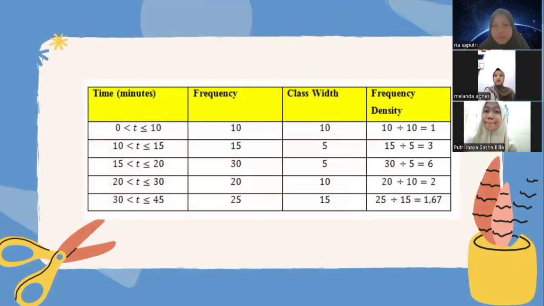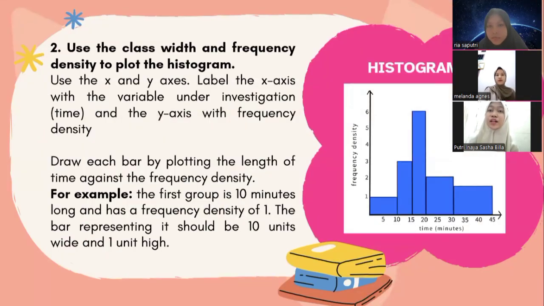Next, in this frequency table, the first time range, greater than 0 and less than or equal to 10, has a frequency density of 1. The second time range, the frequency density is 3. The third time range is 6. The fourth time range is 2, and the last time range, the frequency density is 1.67.